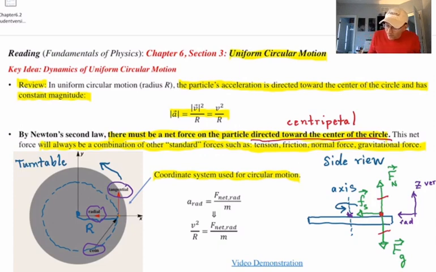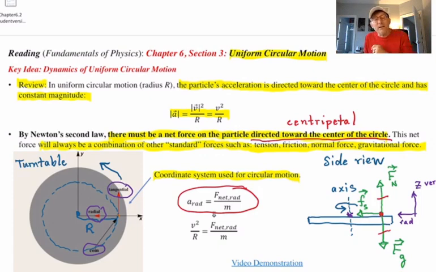Now, when you actually apply Newton's second law to this scenario, you start, please note, you start right there. You write down Newton's second law by components, and the most important component is the radial component for circular motion. That is the prime coordinate, radial.